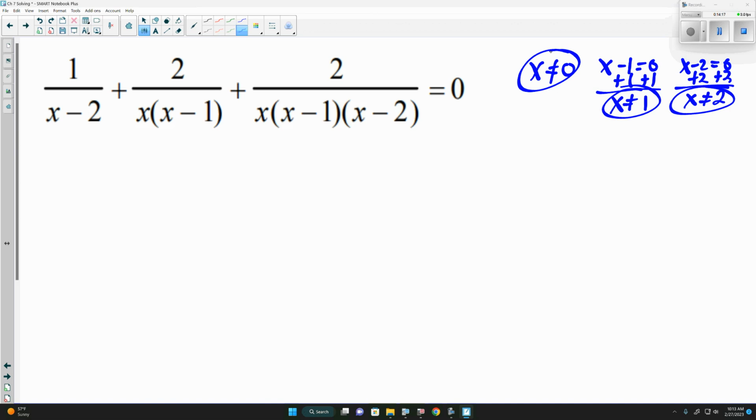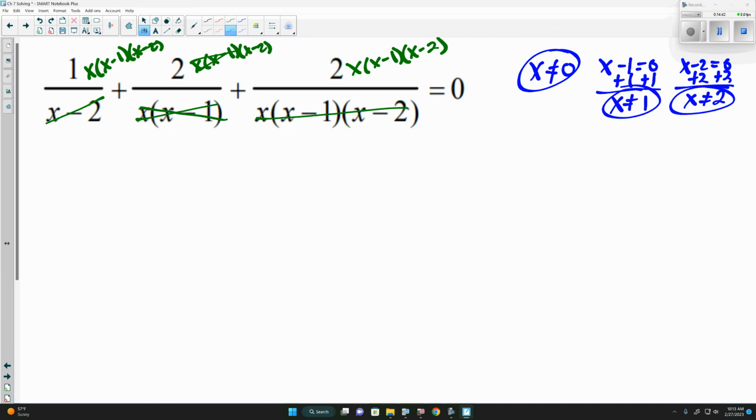So I think some of you already have it written down. What we're going to multiply everything by is x, x minus 1, and x minus 2. The first one, the x minus 2 and x minus 2 cancel. In the middle, the x and x minus 1 cancel.